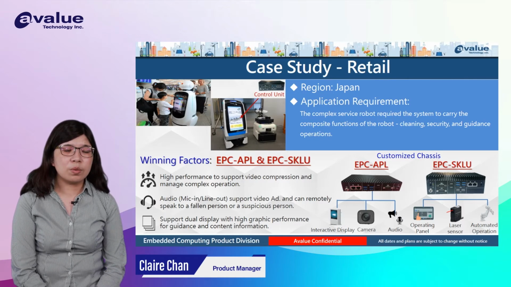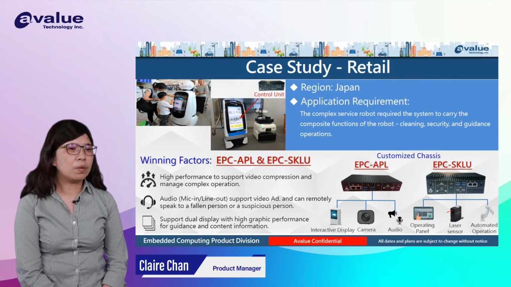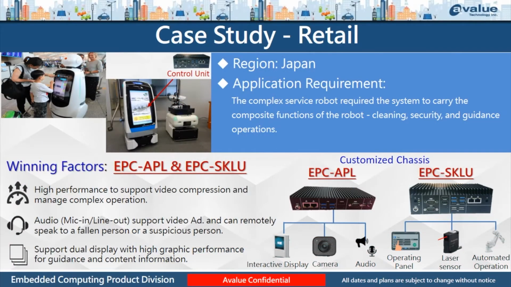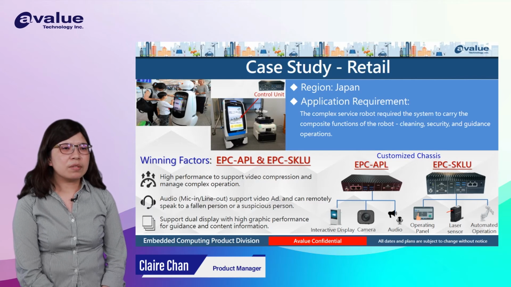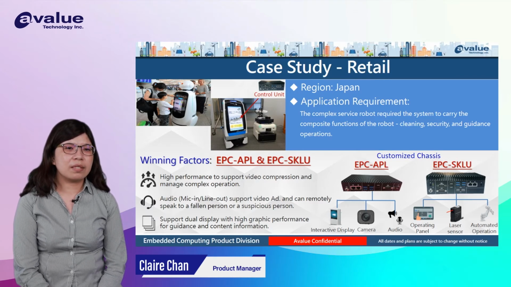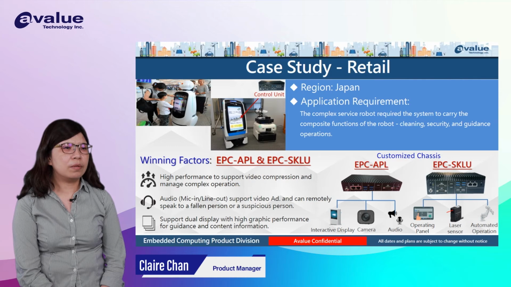It can operate during the hours when people go through the facility. For example, in a retail store, the system can clean the store in the morning when there are fewer people, patrol the store at night, and announce information to customers on a display in front of the robot during business hours.